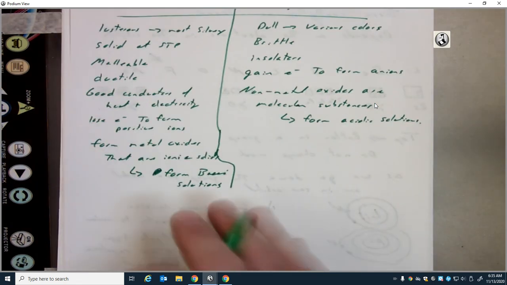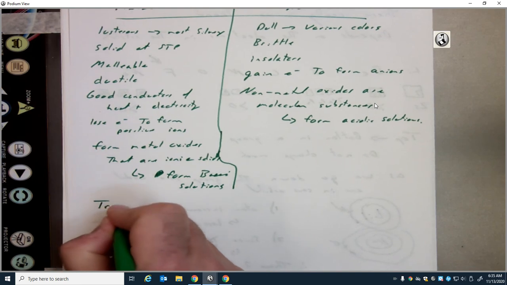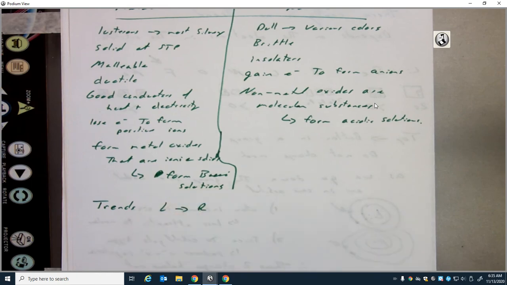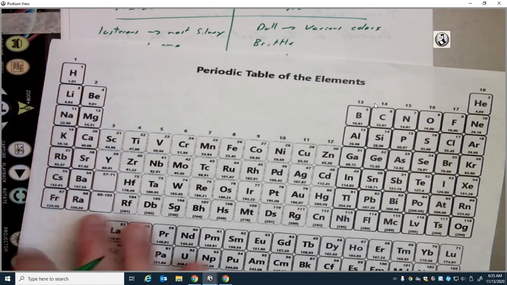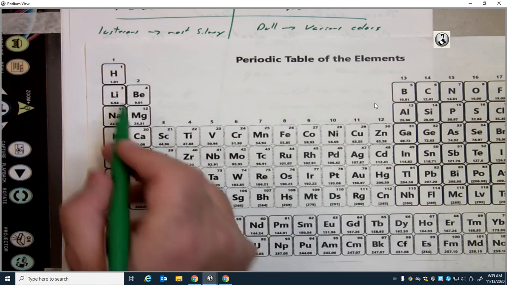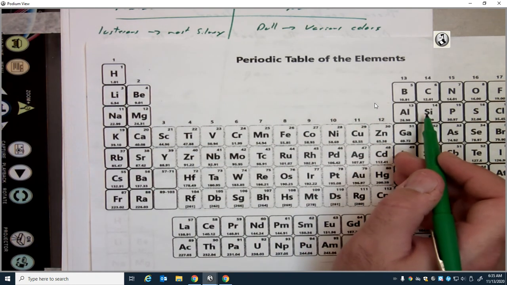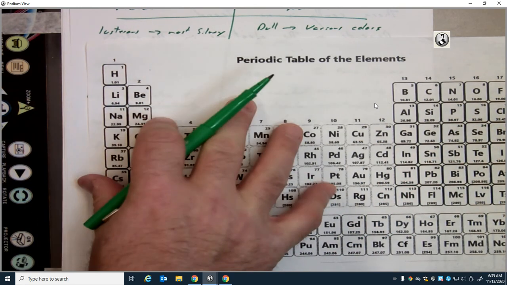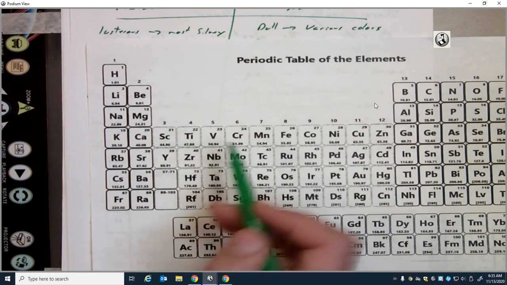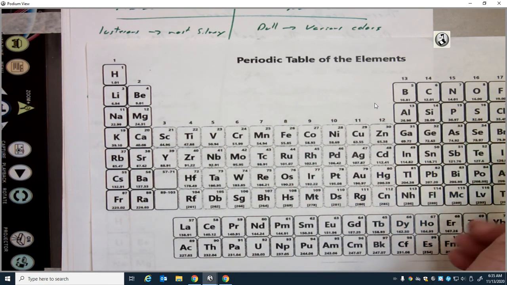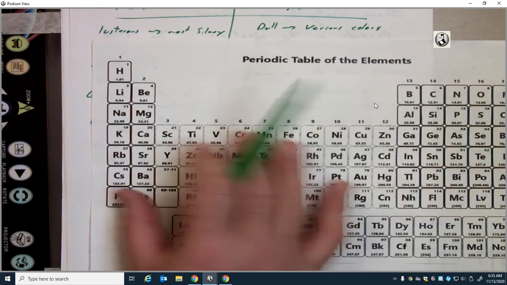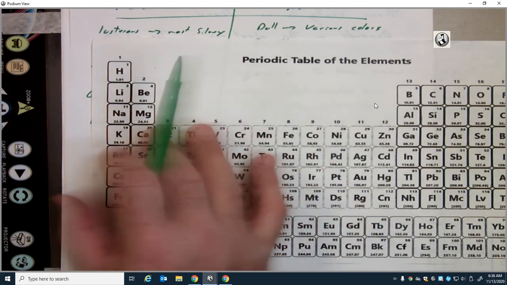So what are my trends? Well, let's talk about left to right. It's pretty easy to see. If we start left over here, what do we got? Metals, metals, metals, metalloids, nonmetals, and the noble gases. So these are metallic over here, and as we go across, the number of metallic characteristics are decreasing, and the number of non-metallic characteristics are increasing.